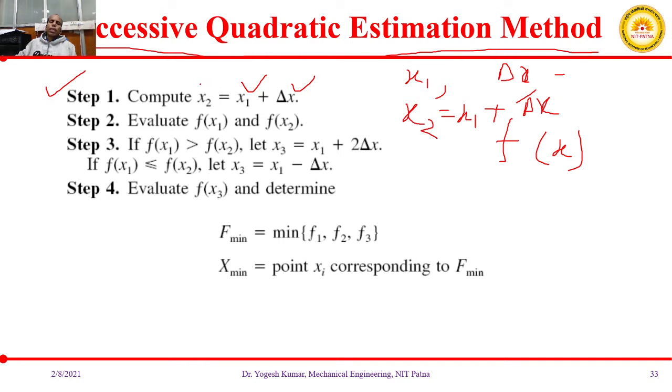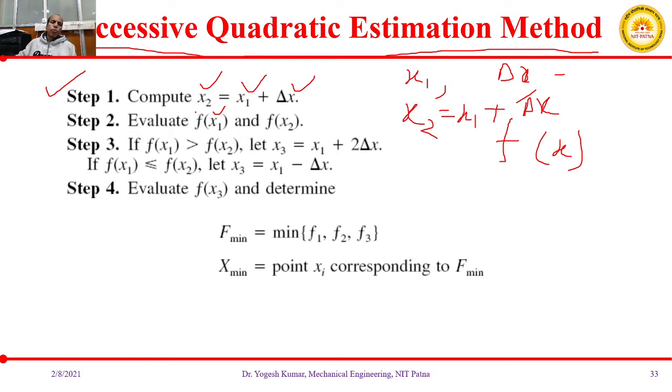Now you are supposed to evaluate the function f(x) at x1 and x2. We get some numerical values, say 20 and 50, or 50 and 20, something like that.